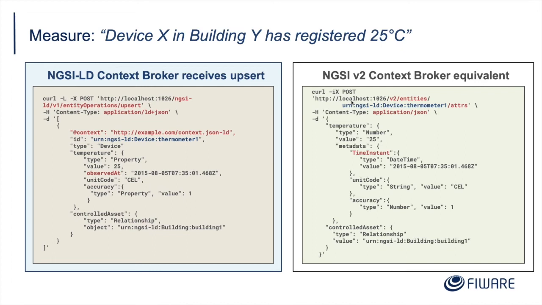Indeed, it will be doing an upsert operation with the update, so it won't destroy your existing data. But this is very, very similar to the existing thing. So this is how a measure goes in.